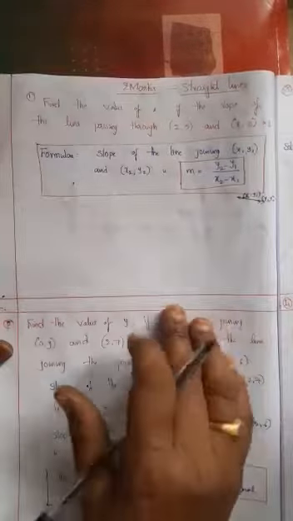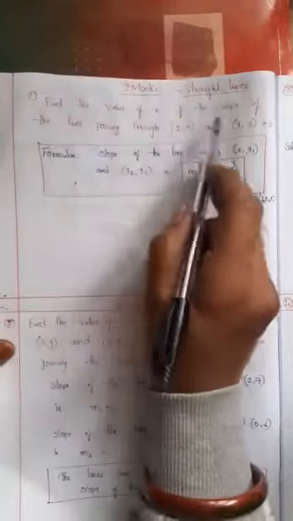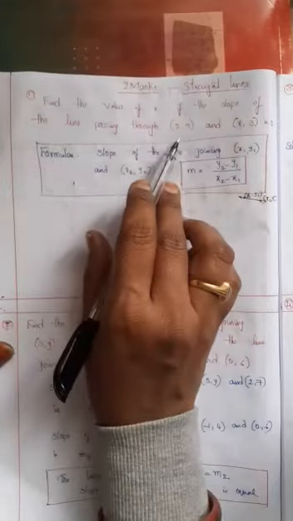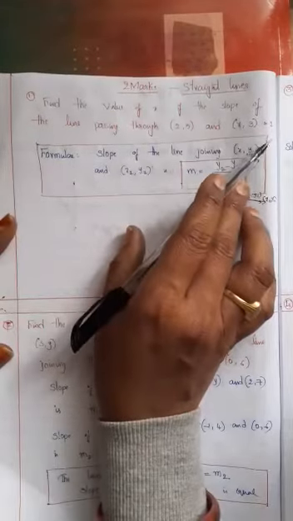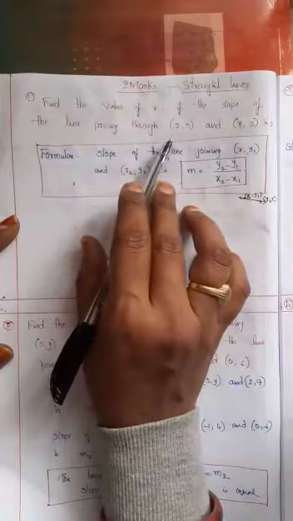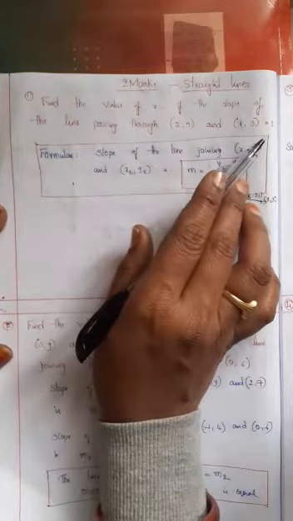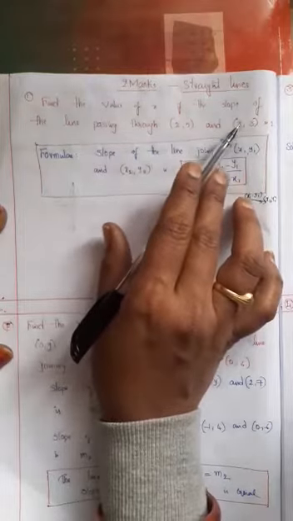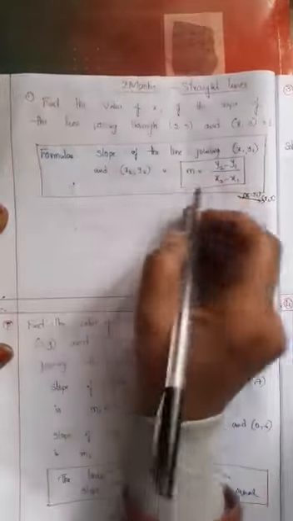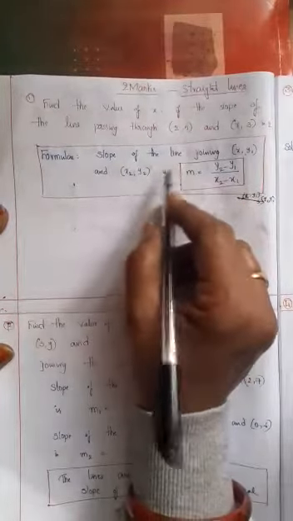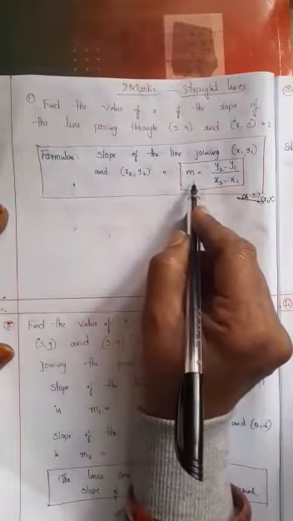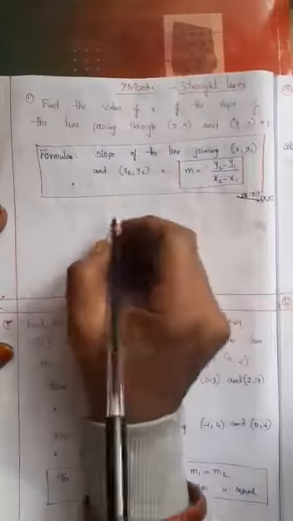Let us see some problems. Find the value of x if the slope of the line passing through (2, 5) and (x, 3) is 2. Here two coordinates are given and the m value is also given. We have to find the x value. Simply substitute in the formula. The slope of the line joining 2 points is m is equal to (y2 minus y1) by (x2 minus x1).